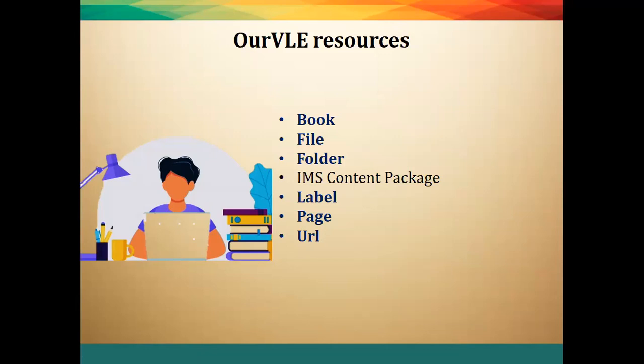The folder, as you know, can hold several different types of files. The label we use to separate or to highlight information. The page is a single page that you, the teacher, create right there. And if the students don't have to download it, this is ideal. In the page, you can put in your hyperlinks, your text, your images, your audio. And the URL is simply a link to a website or a web page or somewhere else that you want the students to go.